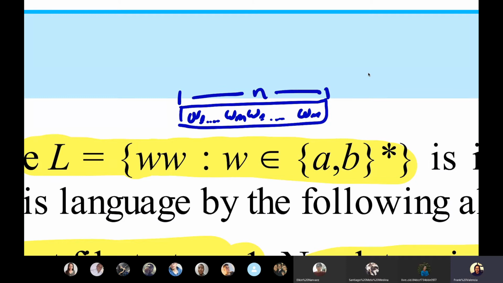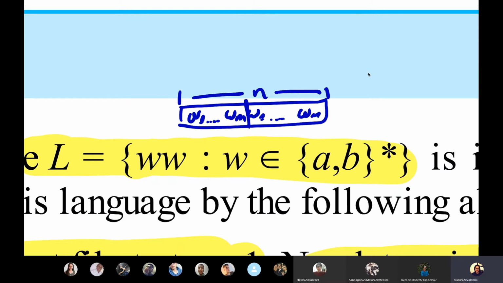So what this can do is the following. The machine non-deterministically guesses the middle of this string. And then it compares this with this, this with this, and so on.